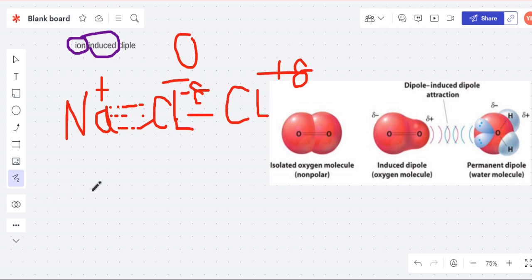Okay, let's take an example of bromine, which has a negative charge. And then we take an example of the oxygen molecule, which has a double bond.